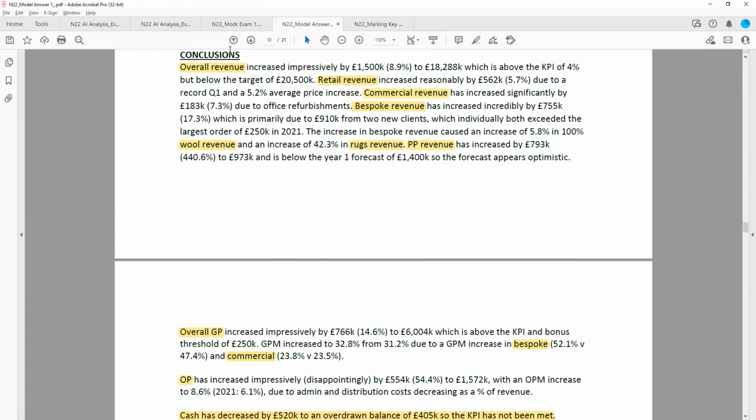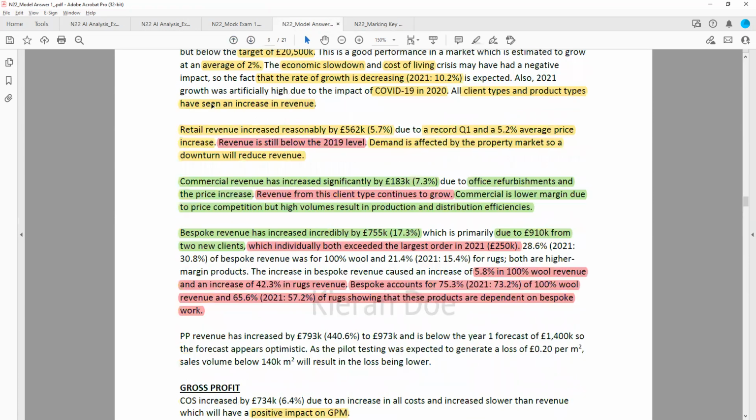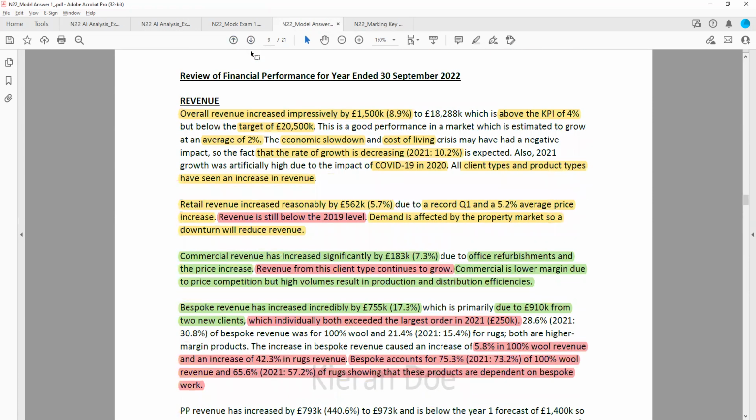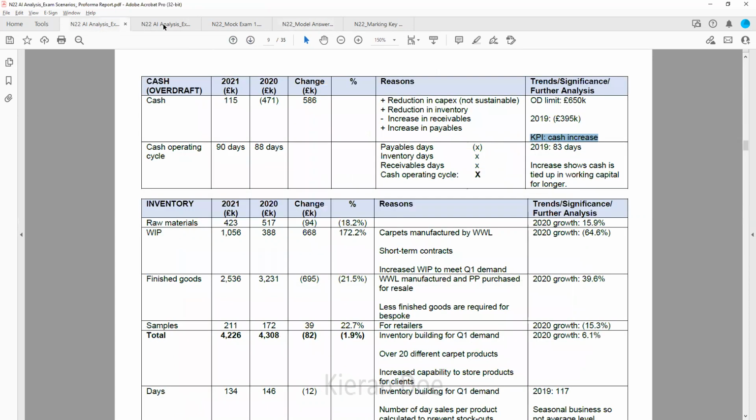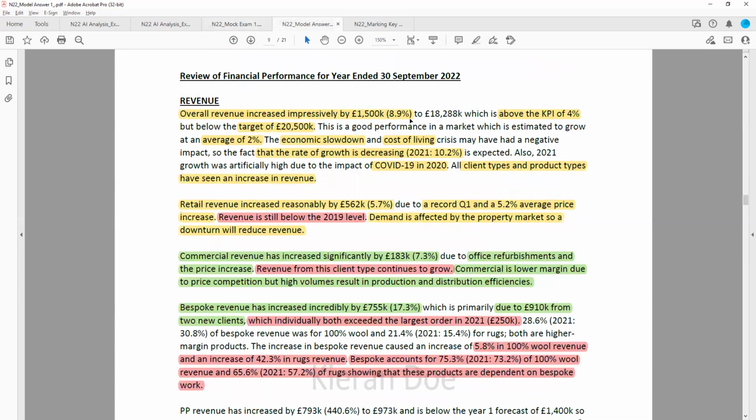So if we're concluding on the performance for the year, looking specifically at revenue by each client type, product type, gross profit, each client type in total, and operating profit and cash, then we're going to want to say the key number and the brief reason why that changed. So focusing on the key numbers, making sure we cover all of them and the reason why. And like we said, it's factual.